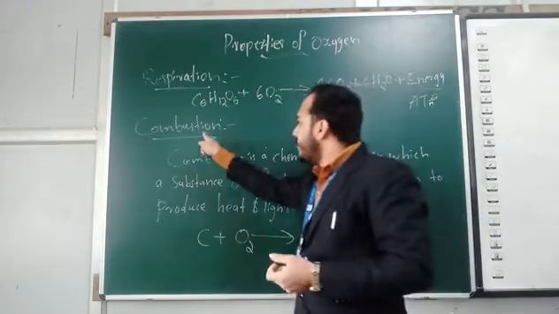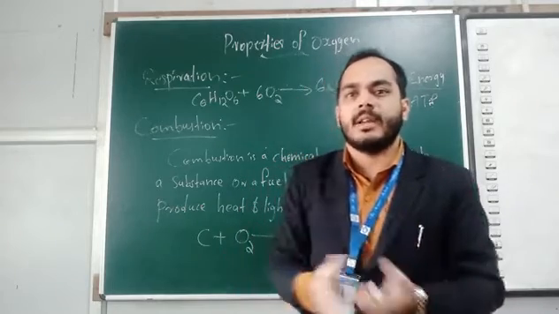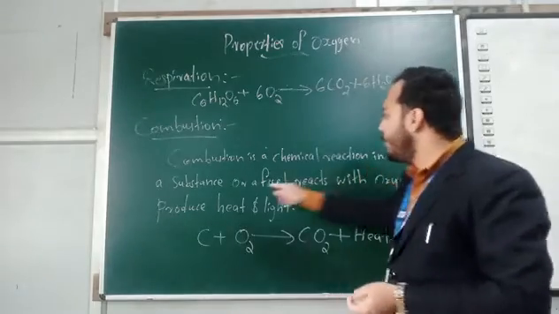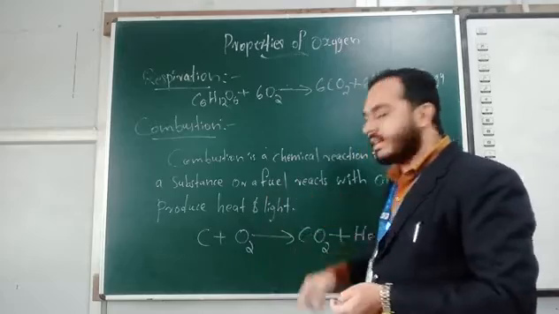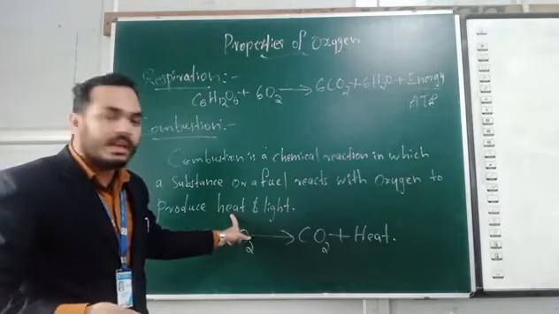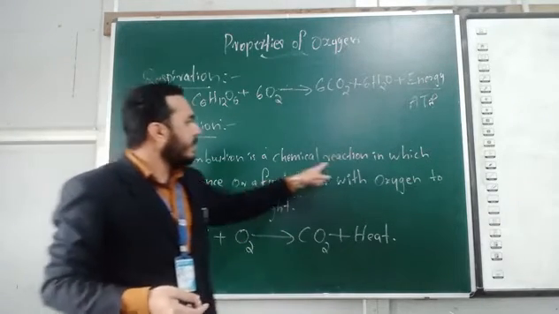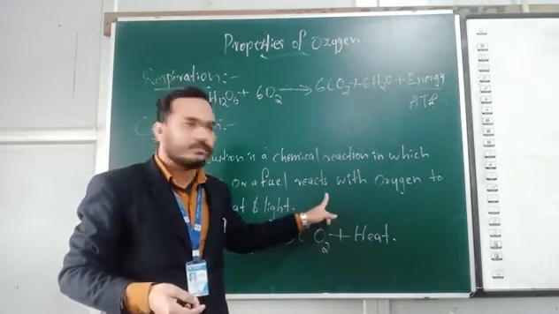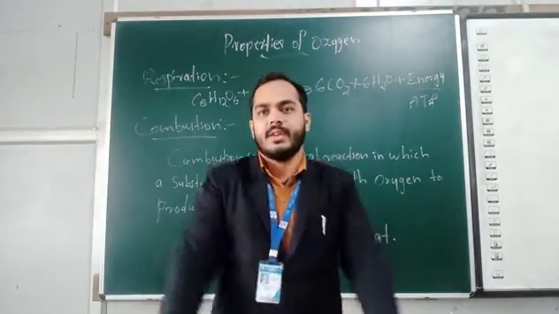And next one, the combustion process. Combustion is a chemical process. Combustion is a chemical reaction in which a substance or a fuel reacts with oxygen to produce heat energy and light energy.